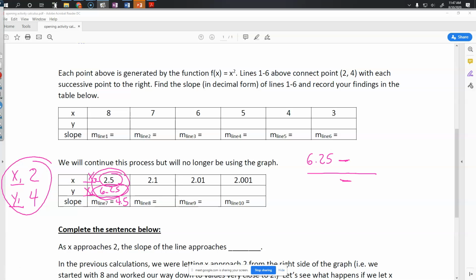Is it hard to see? No. Okay. So in this case, my y1 is 4. My x2, what's my x2? 2.5. Good. And then x1 is? 2. There we go. And we're just going to go ahead and do our subtraction. So I think that's going to be 2.25, if I'm not mistaken, divided by 0.5. And you should be getting 4.5, I believe.